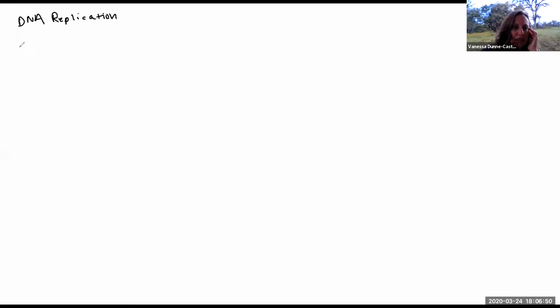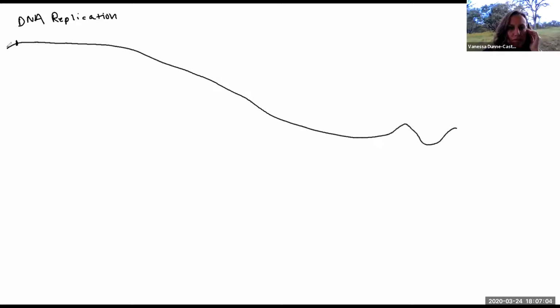So DNA replication begins at something called the origin of replication, or the ORI site. I'm going to just draw it in here and say that somewhere over here, and I'm drawing one replication fork here.